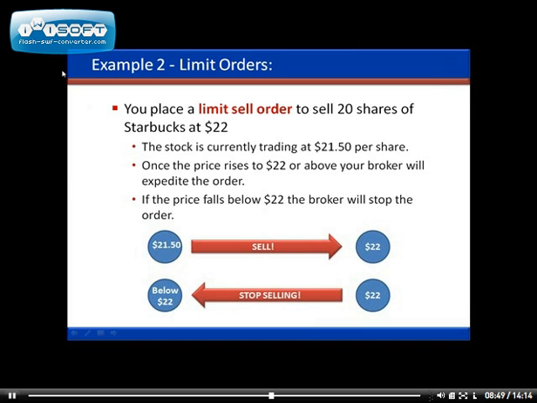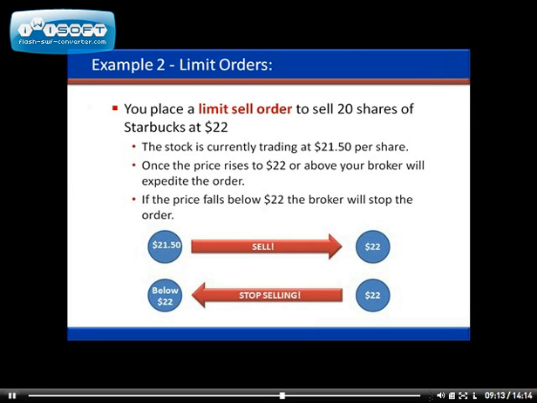Alright, so let's look at an example of a limit order, and in this case you're selling some shares. You place a limit order to sell 20 shares of Starbucks at $22. Right now the stock is currently trading at $21.50 per share.